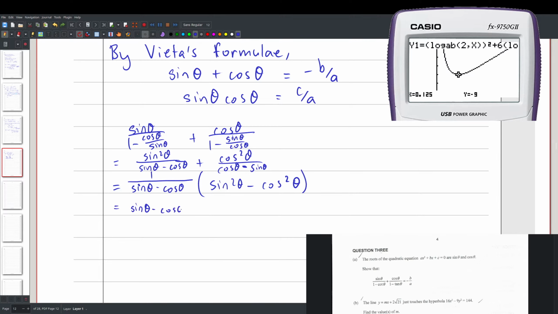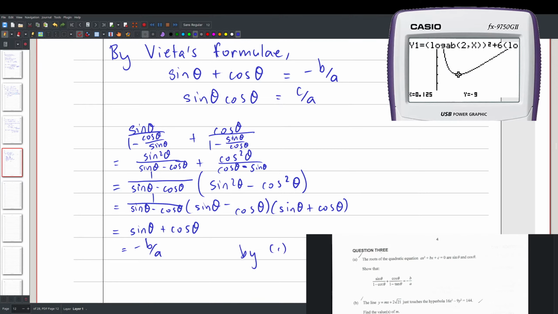And then it's difference of 2 squares. Equals sine theta plus cos theta, equals negative b on a. QED.